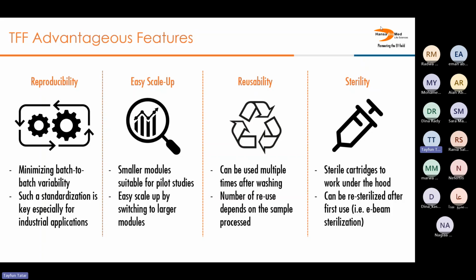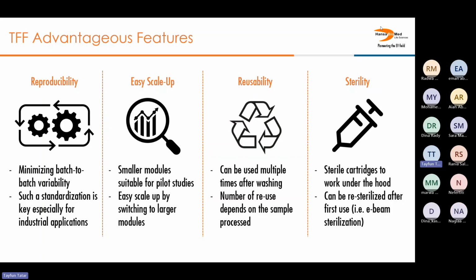Therefore, you can perform your pilot studies with the small filter module and then switch to the large filter module without any performance deterioration. This allows flexibility, especially for industrial aims and application scenarios.